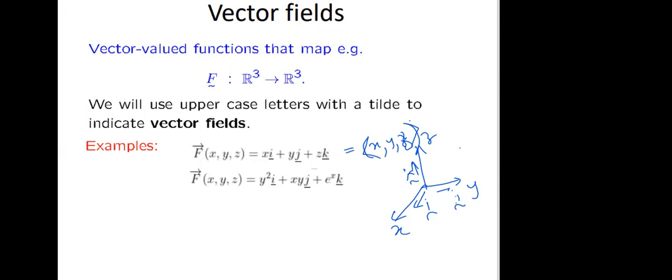Can the domain and range be of different dimensions in a vector valued function? Yes, they could be different. So you can define, let's say, R3 to R2.